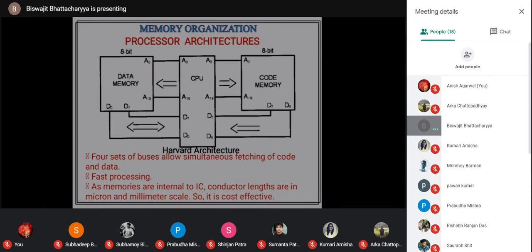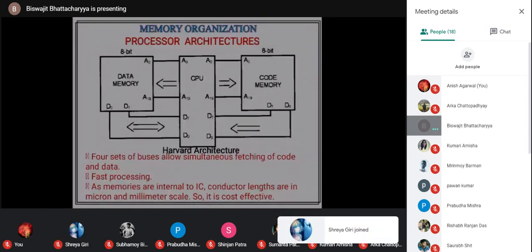Okay, now, so that is called the Harvard architecture. Normally, our Intel processors that are used as a general purpose microprocessor in PCs and laptops use the Princeton architecture or von Neumann architecture, because all the memories are external in the motherboard of the PC.